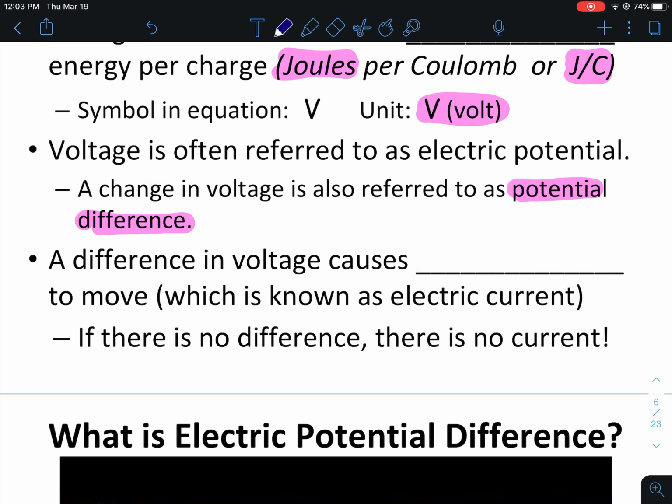What happens, though, is when you have an electrical potential, if one end of the battery has a different electrical potential than the other end of the battery, that causes electrons to move. The only way an electron is going to move is if it's forced to move. And so if an electron sees a different potential energy at one end, it'll start to move.